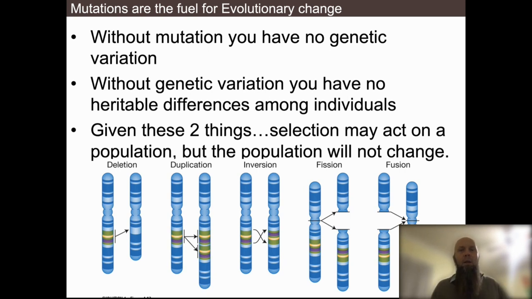If you have variation in a population, but it's not heritable and there's selection, the population won't change. If you have no variation in the population and selection acts on it, the population's not going to change. You need variation, and you need that variation to be heritable.